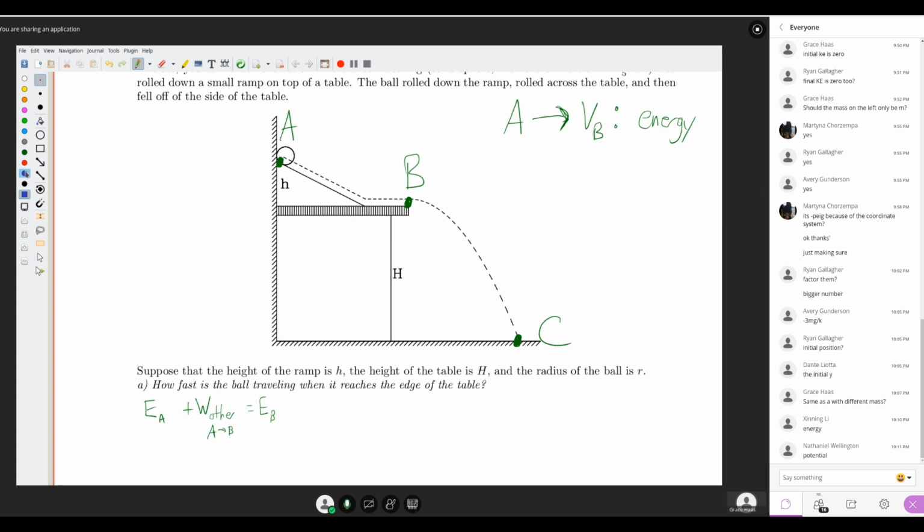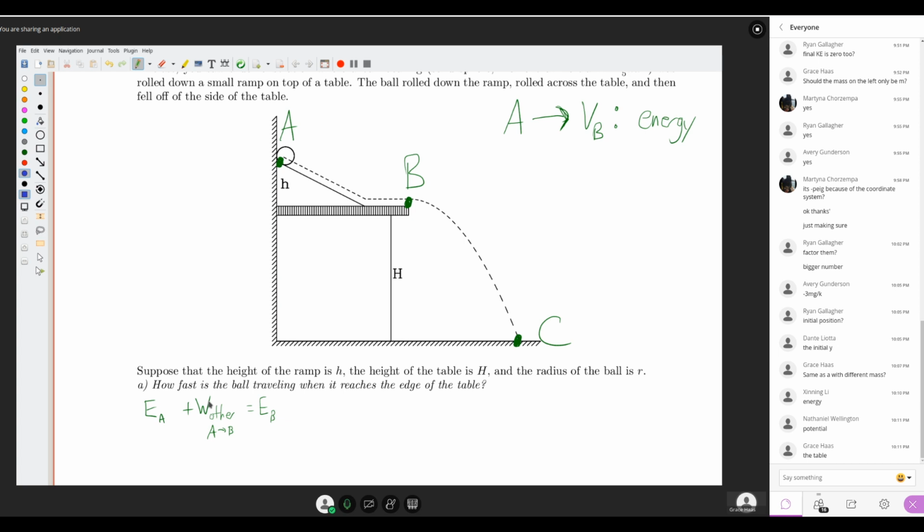As we saw in the last problem, we can choose our zero height for gravitational potential energy anywhere we like. In this problem, where would you like to choose your zero height? At the table.